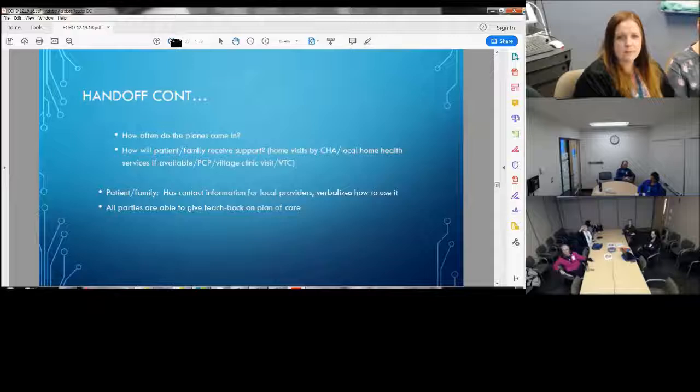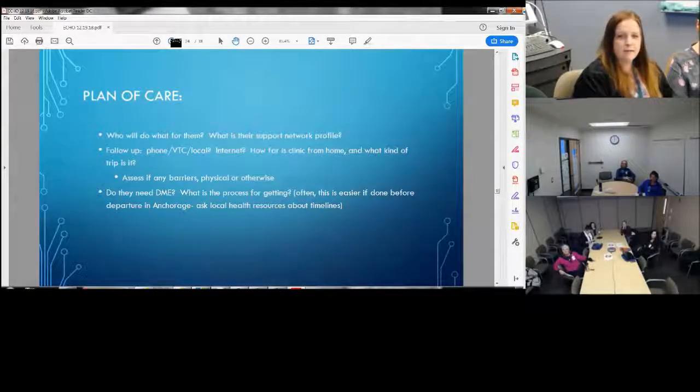And then making sure the patient and family has contact information for their local providers and when to call, and basically making sure everybody's able to talk about the plan of care and some of the things that might come up.